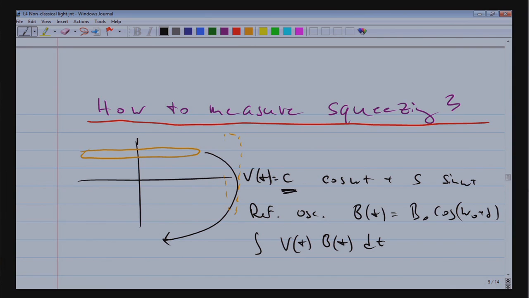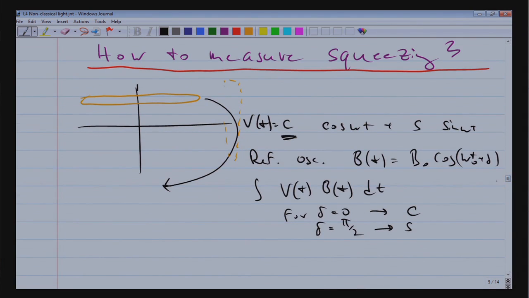Then, of course, when you pick the phase delta to be 0, cosine omega t times cosine omega t gives cosine square omega t. It averages to 1/2, so you have a time average, whereas cosine omega t times sine omega t averages to 0. So for delta equals 0, you project out the cosine component, and for delta equal 90 degrees, you pick out the sine component.